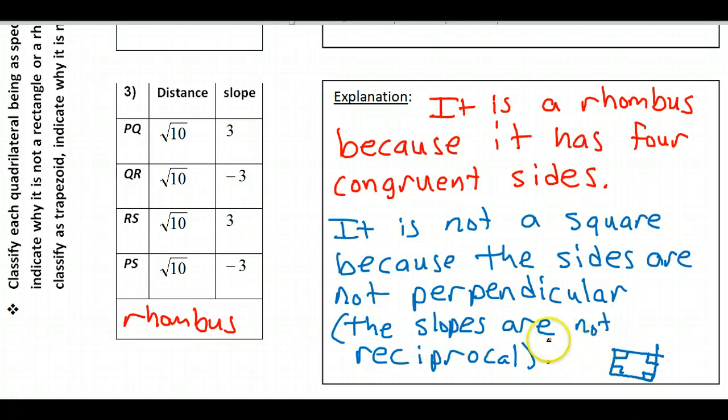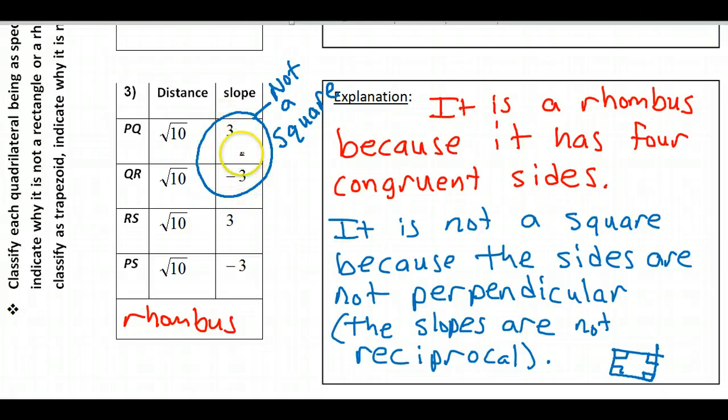So either you can write it out in words, or instead you can just make a note on your chart. You could just circle these and put a little side note that says not a square. And if you're circling these two slopes and you're saying it's not a square, I'm going to go ahead and assume that you mean because they're not reciprocal.